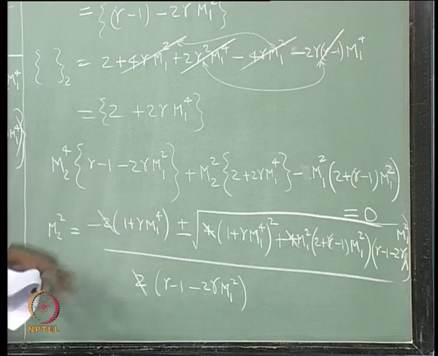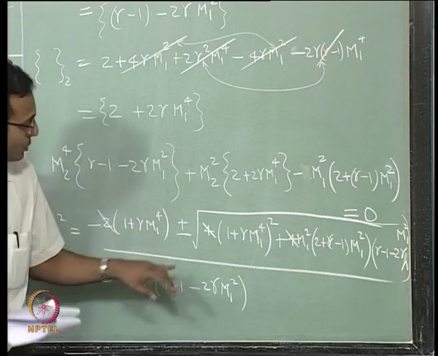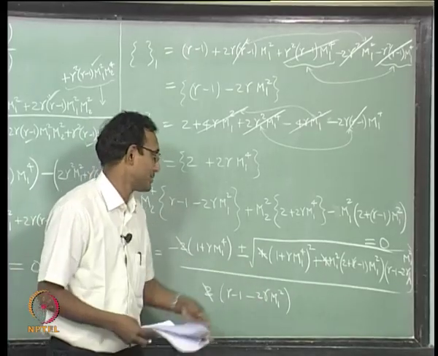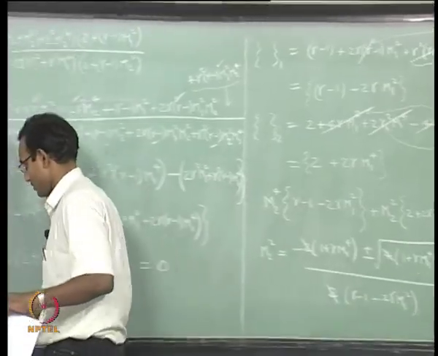We will try and simplify this a little more, we will just go and look at what is inside the square bracket, inside the square root and see what happens inside here. I will go to the other corner.